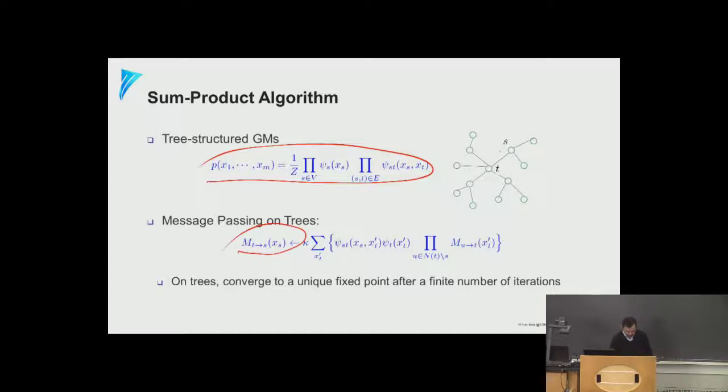Here we have a message, say, coming from T to S. Then this message can be computed from the factors on T, which is this one, and all the other factors that contain xt, which are all of these, and also all the messages coming into T from this edge. And then after it's computed, it goes out to S. So that's a generic form of the message passing algorithm, which is actually pretty simple and easy to implement.